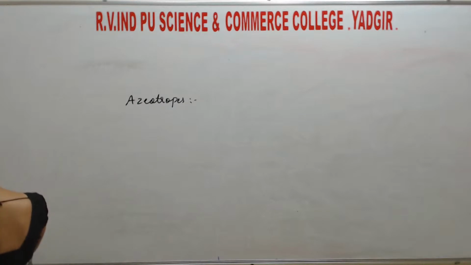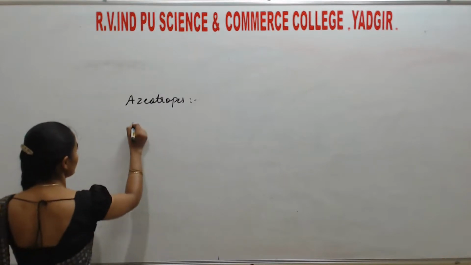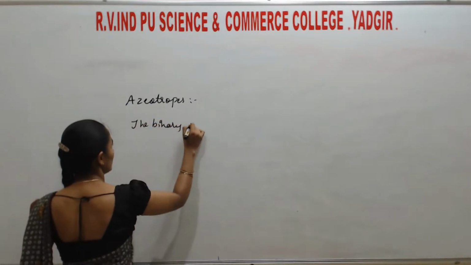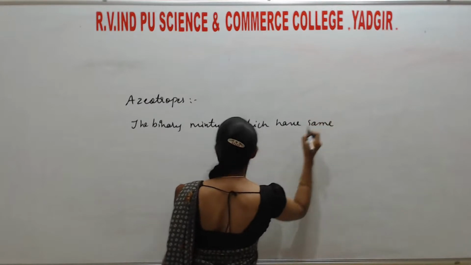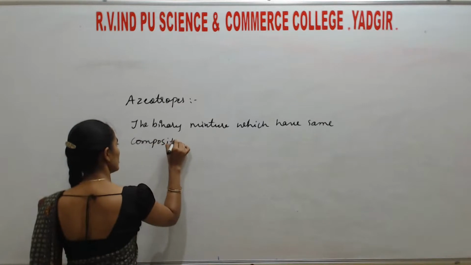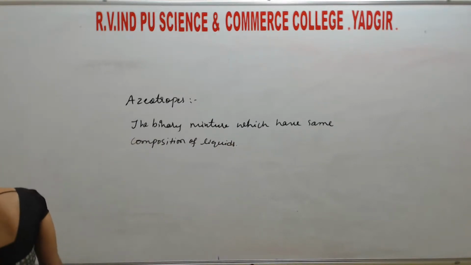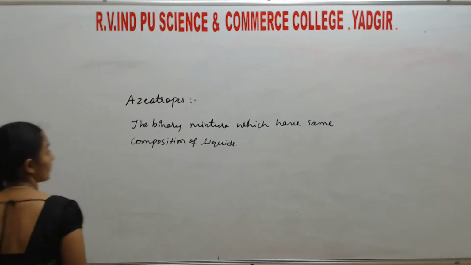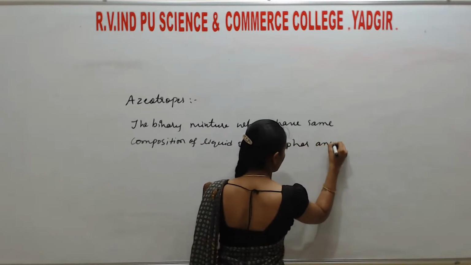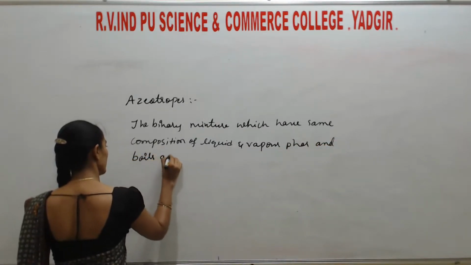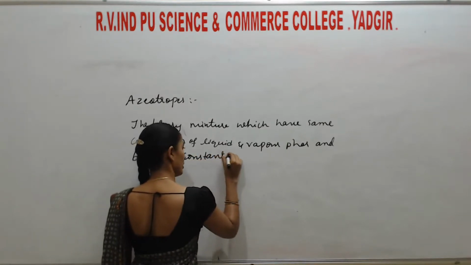Azeotropes are binary mixtures which have the same composition of liquid and vapor phase and boil at constant temperature.